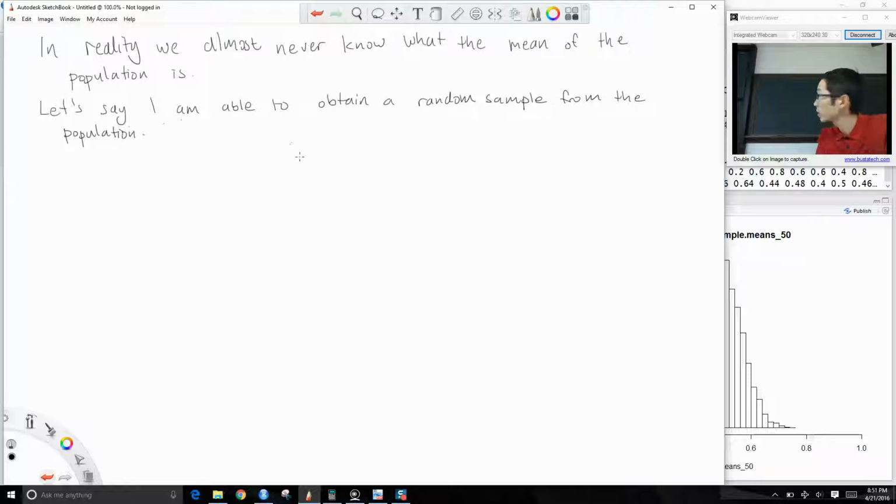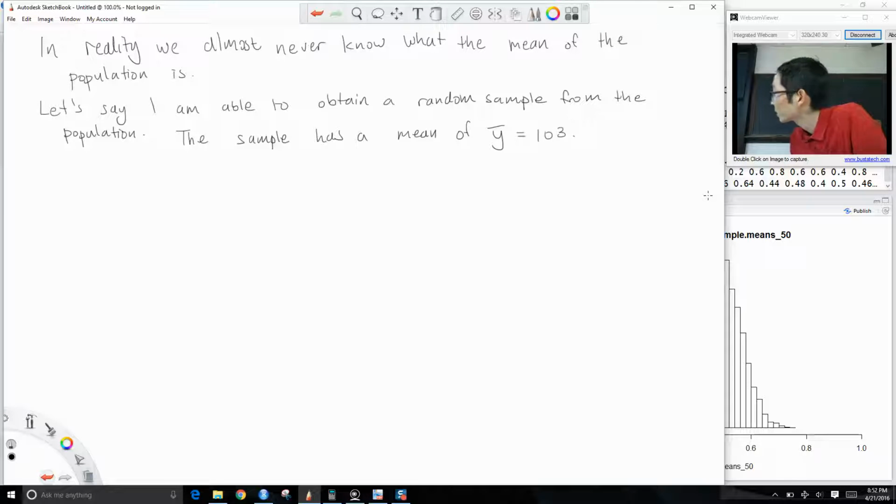When we look at this random sample, the sample has a mean of y bar, let's say 103. What does this tell me about the value of the population mean?